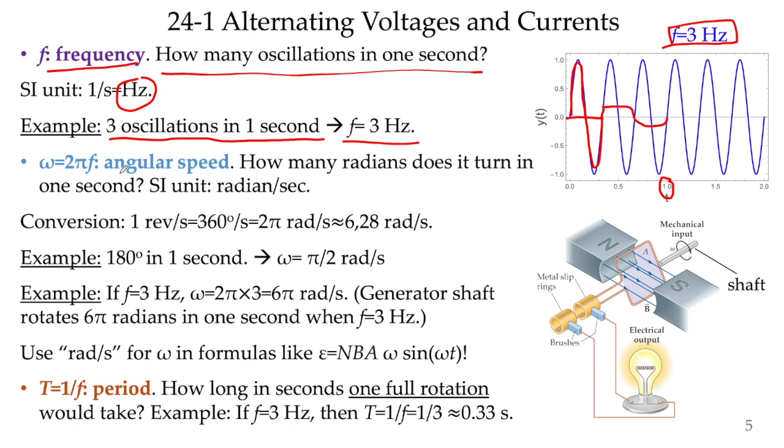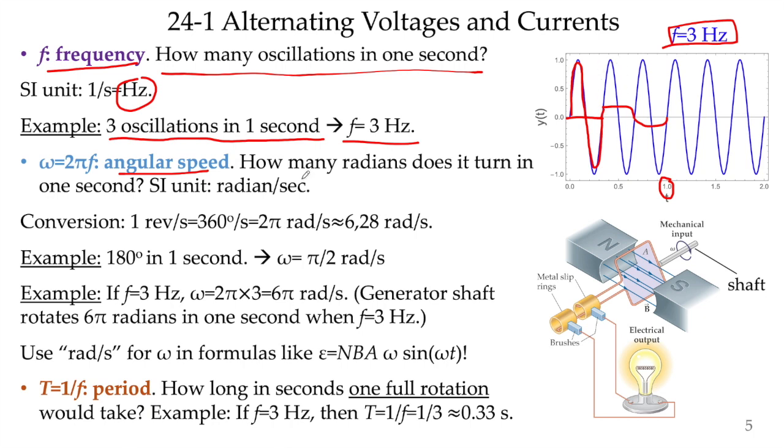Now, what about the angular speed or angular frequency? Same thing. So in this context, it's going to be angular frequency. It's basically you multiply the frequency by 2 pi. Now, in the following slides, you're going to see that the oscillations, like these sine waves, are actually related to rotation.